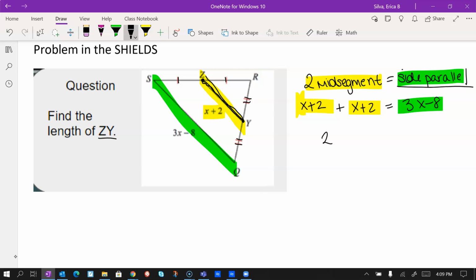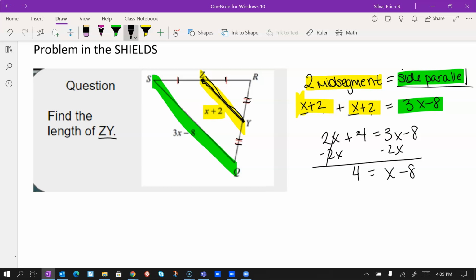So after we combine like terms, we get 2x plus 4 is equal to 3x minus 8. We have two x's, and then 2 plus 2 is 4. Then we're going to solve for x. There's nothing to combine. We get 4 equals 1x minus 8. Add 8, you get 12 is equal to x.